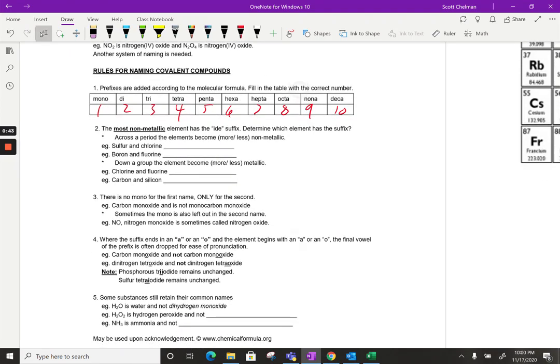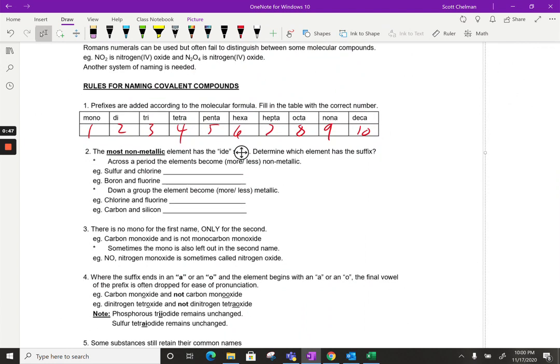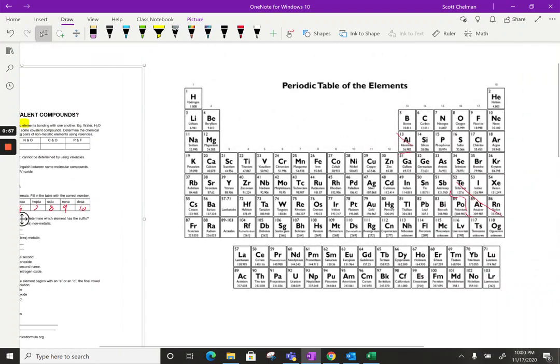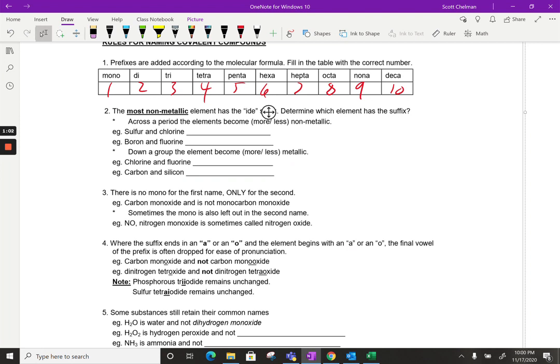Now, the one that is the most non-metallic, and the second rule here, is the one that is going to get the IDE suffix. So the IDE suffix goes with the most non-metallic, which means that it is going from left to right across the period. As it goes to the right, it becomes more non-metallic.